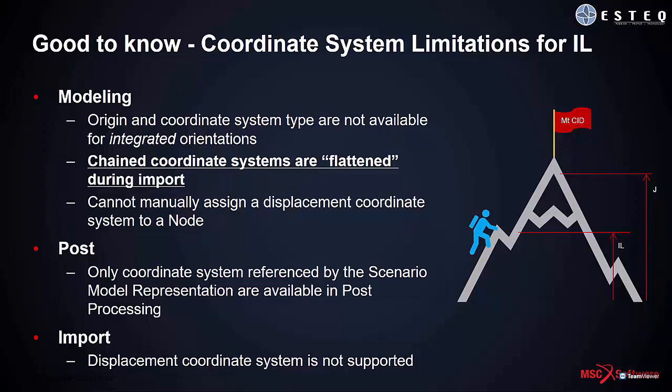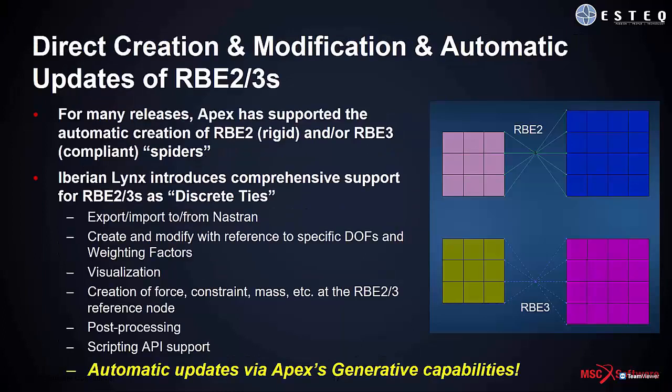And hopefully you'll see as the new releases have come along, we've come a long way, and the development is speeding up quite dramatically. So just good to know some limitations with regards to Iberian Lynx that you've probably read through all of this. I'm not going to spend too much time on this yet.